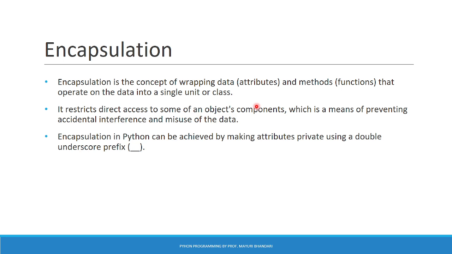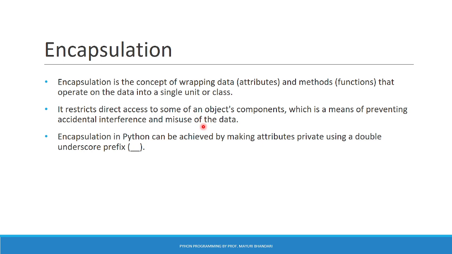When we encapsulate inside a class, we encapsulate all the properties and methods related to that class, and that concept is nothing but encapsulation. It will restrict direct access to some of the object's components, which is a means of preventing accidental interference and misuse of the data. Some of the data inside a class you can make private, right? And why do we make data private?